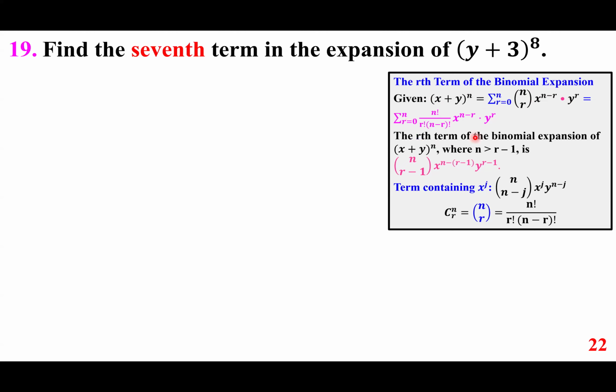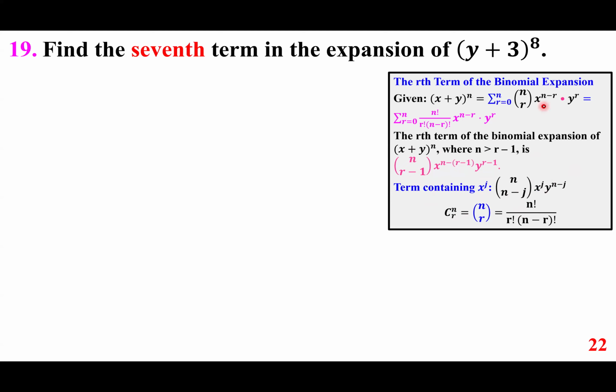Or the rth term is nC(r-1), x to the power of n minus (r minus 1), y to the power of r minus 1. Or the term containing x to the power of j is nCj x to the power of j, y to the power of n minus j. Or never mind any of those formulas.